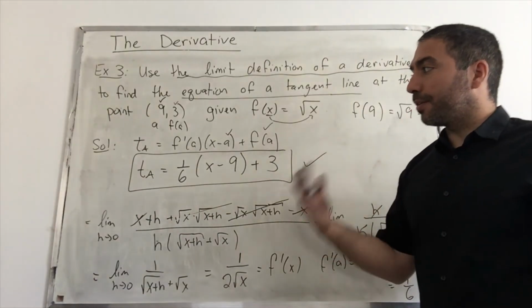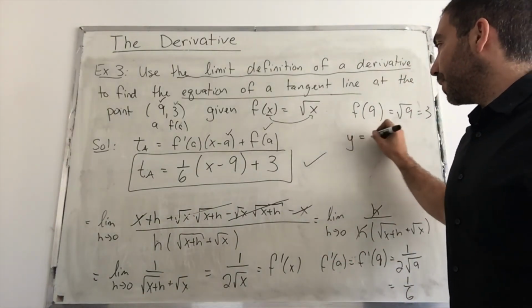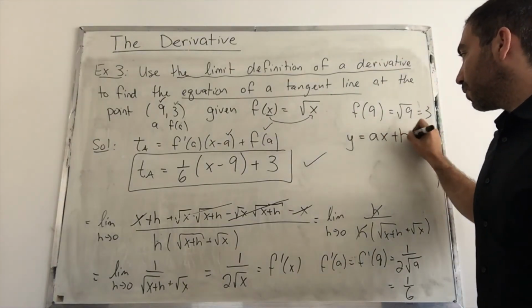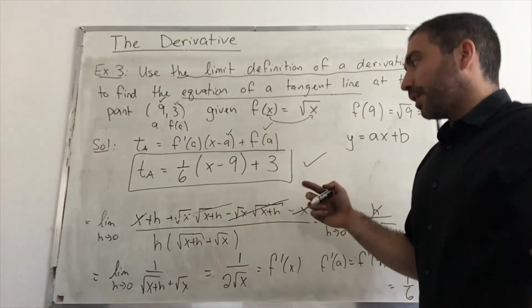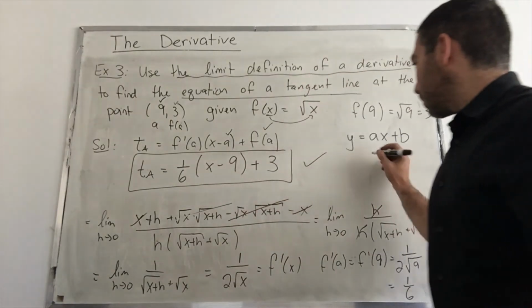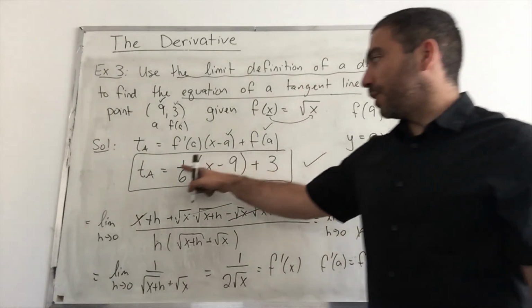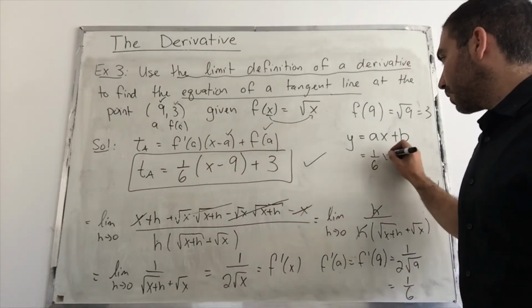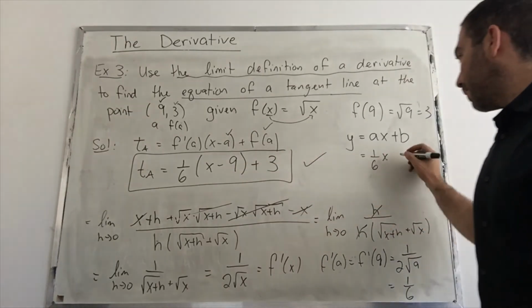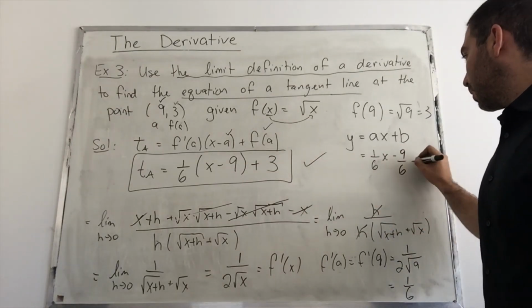Okay. If you use the other formula, if you use the formula y equals mx plus b, this works as well, but the answer you're going to get is 1/6 times x. So essentially, if you distribute the 1/6, you get 1/6 times x, and then negative 9 over 6 plus 3.